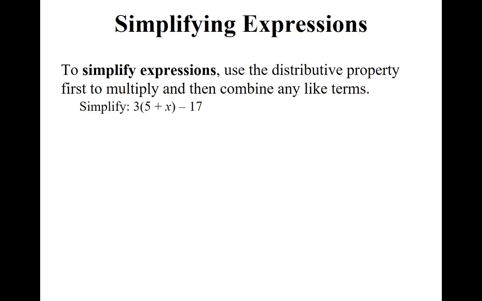So to simplify, 3 times the quantity 5 plus x minus 17. First, we get rid of the parentheses by distributing, by multiplying, and then we combine any like terms. 3 times 5 plus 3 times x.